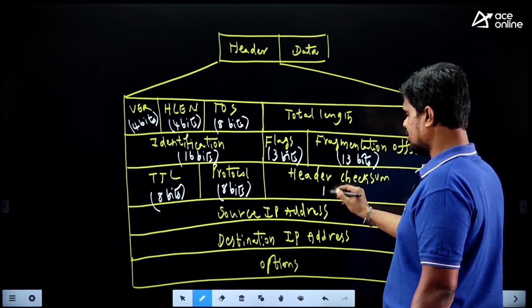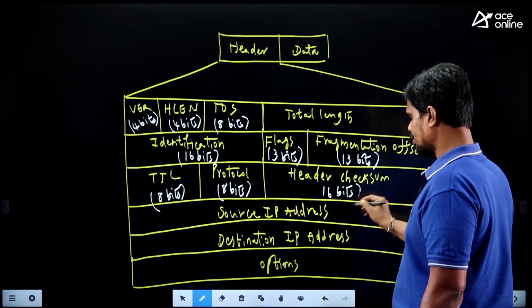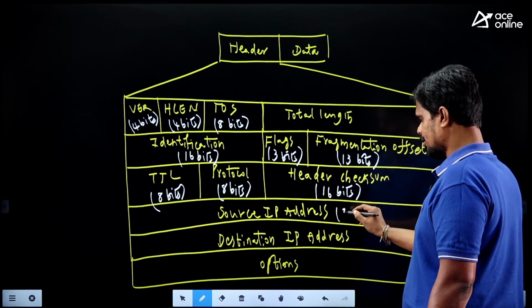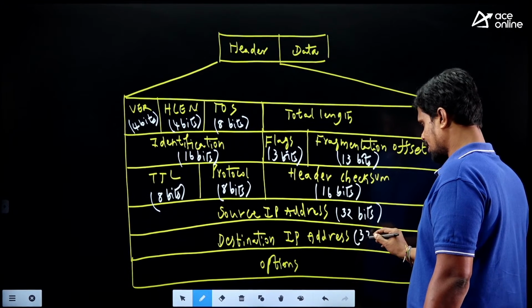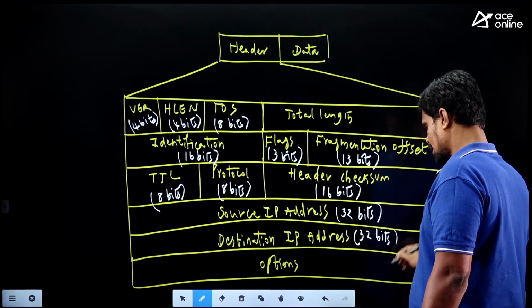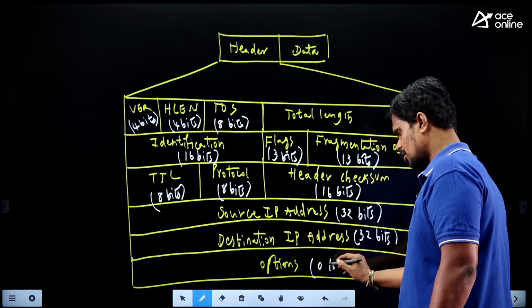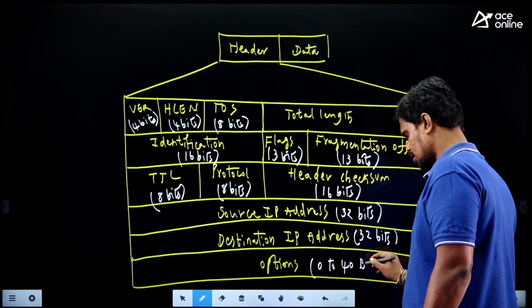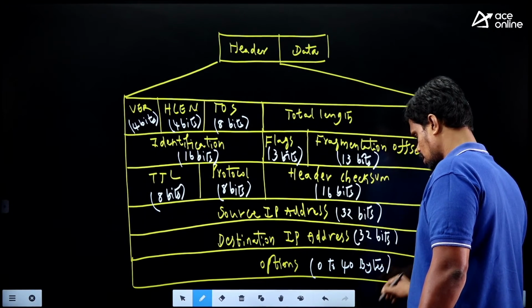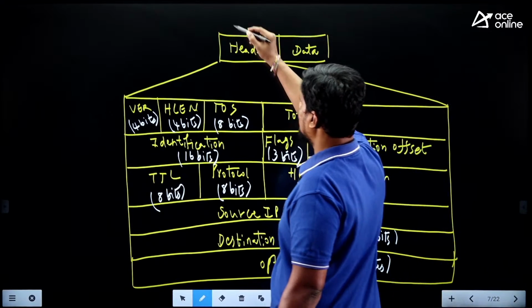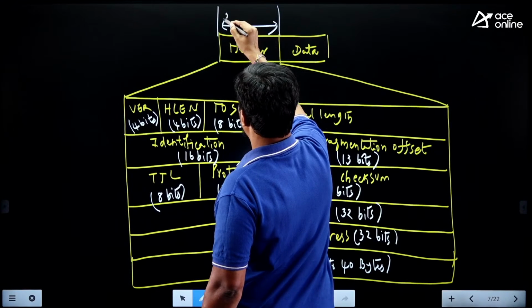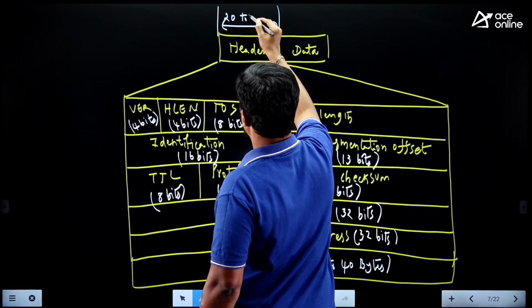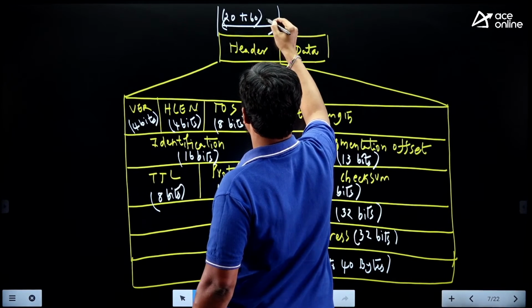Header checksum is 16-bit. Source IP address is 32-bit, destination IP address is 32-bit, and the options field is 0 to 40 bytes. The header size is 20 bytes to 60 bytes.